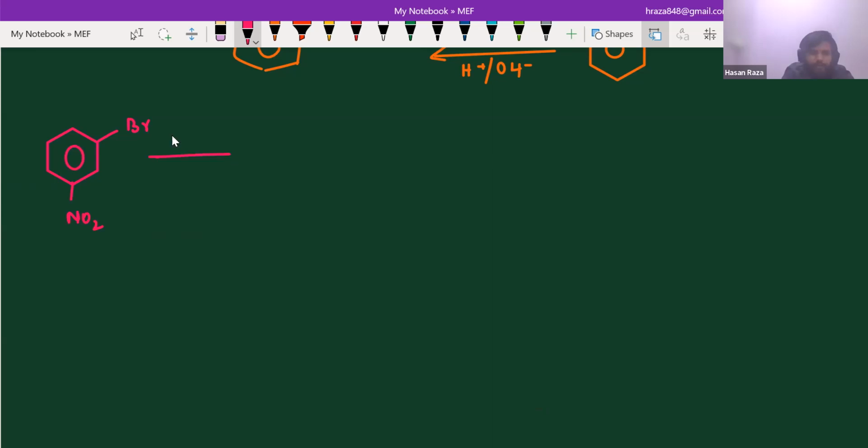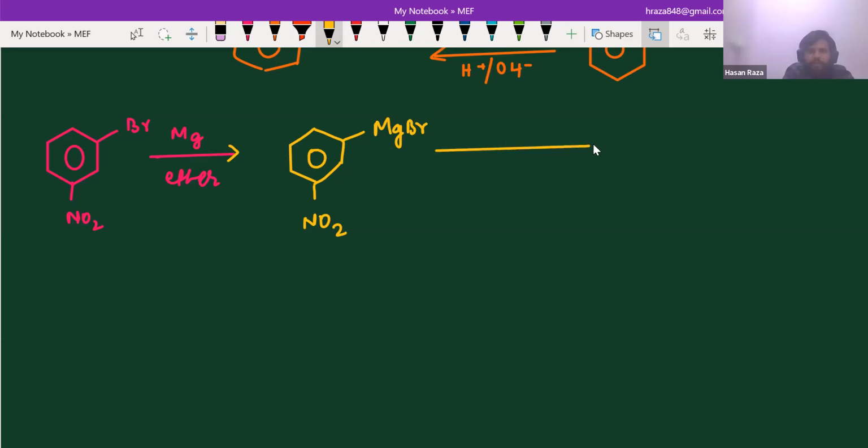So first I'm going to react this with magnesium in the presence of dry ether. It's very easy. This magnesium will go with bromine and it will form a Grignard reagent, MgBr. With this MgBr, you are going to react CO2, that means C double bond O, dry ice basically.